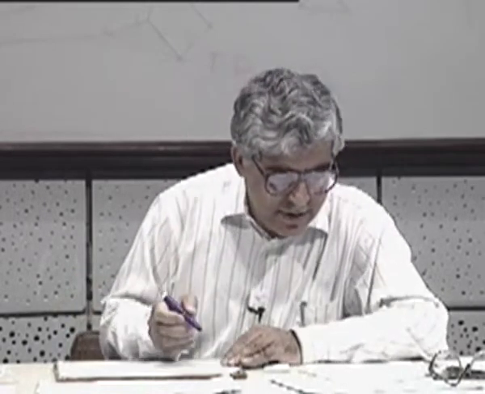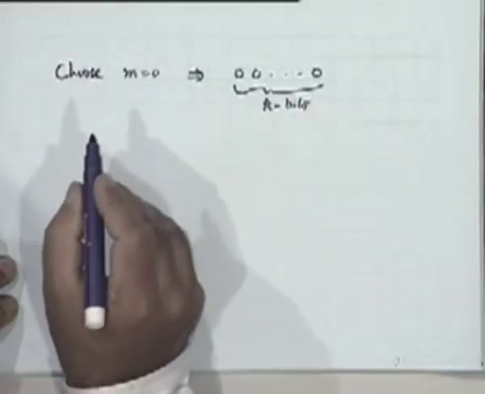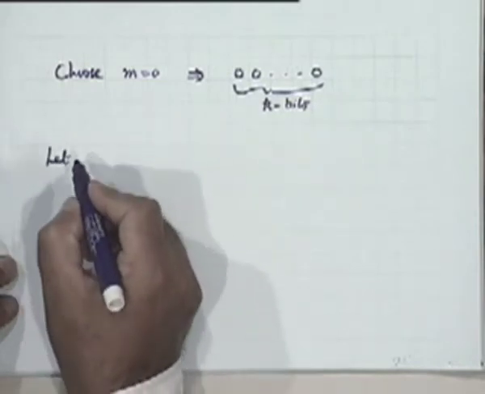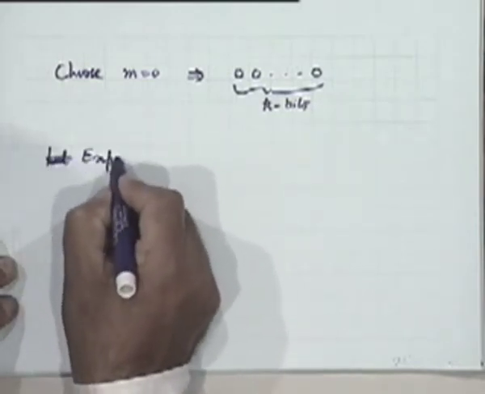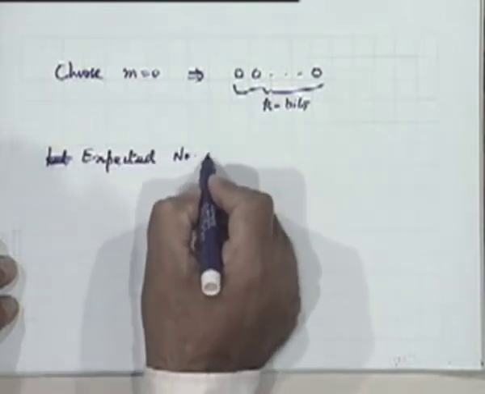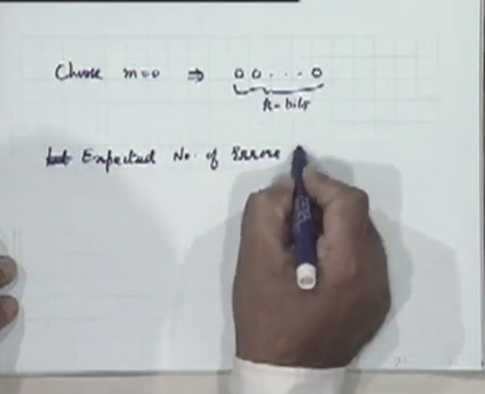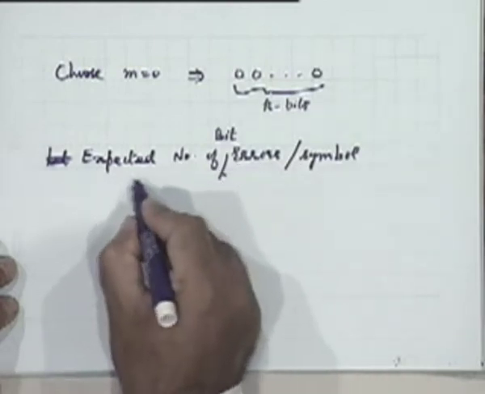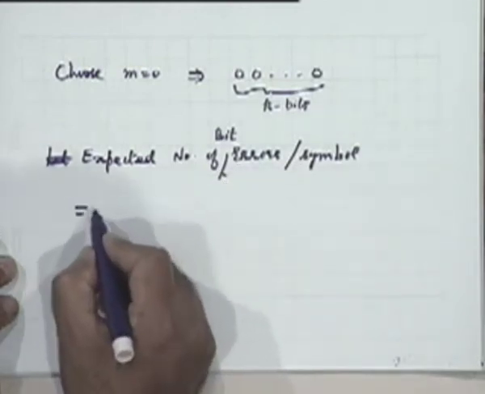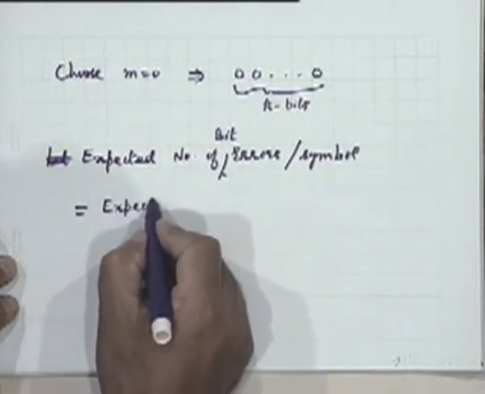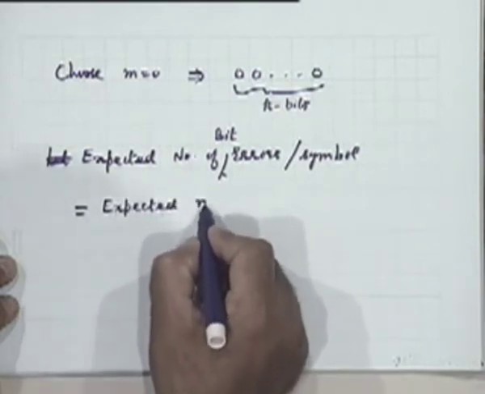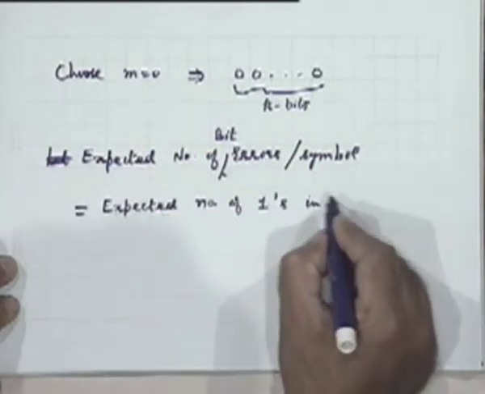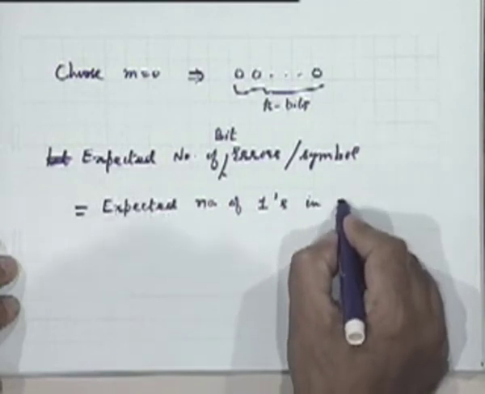That's the basic idea. So fix any symbol, which we have done, choose m equal to 0, and let's say the expected number of errors per symbol. I think I should say bit errors. The expected number of bit errors per symbol is nothing but the average number of ones in all non-zero symbols, right?